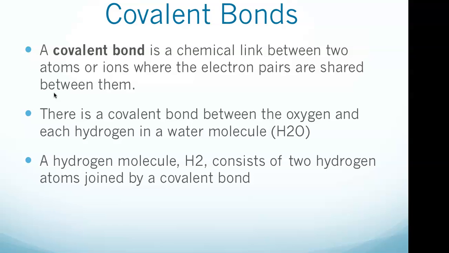A hydrogen molecule consists of 2 hydrogen atoms joined by a covalent bond. Each hydrogen atom needs 2 electrons to achieve a stable outer electron shell. The pair of electrons are attracted to the positive charge of both atomic nuclei, which hold the molecules together.